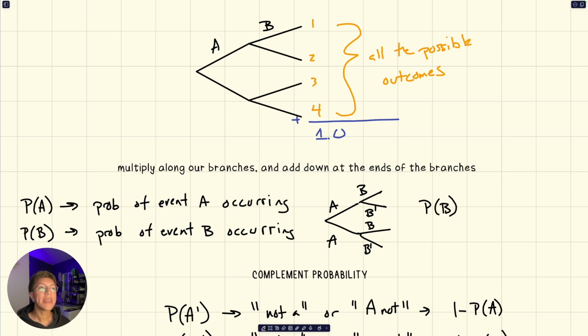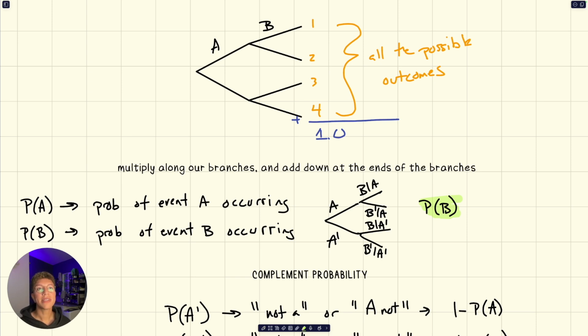Well, what we have to keep in mind is that it's all the branches where B occurs. So if we're trying to find the probability of B, now knowing that these are conditional probabilities, maybe we should write that in actually. So this is B given A, B given not A, not B given A, and not B given not A. Where is B in this diagram?